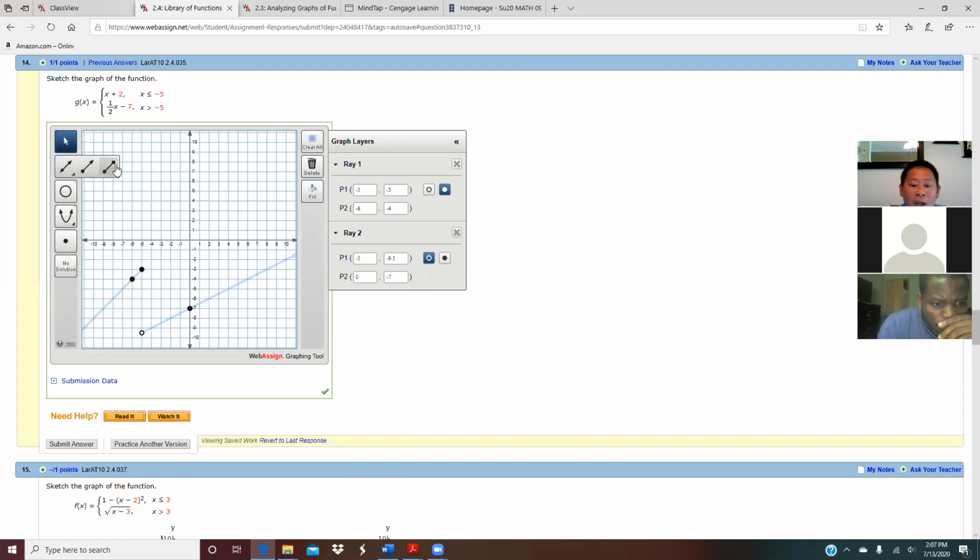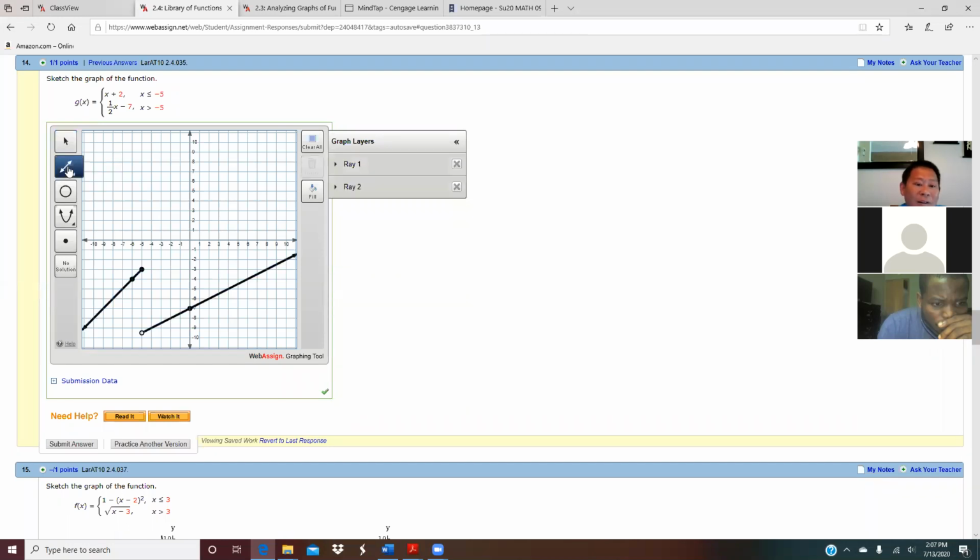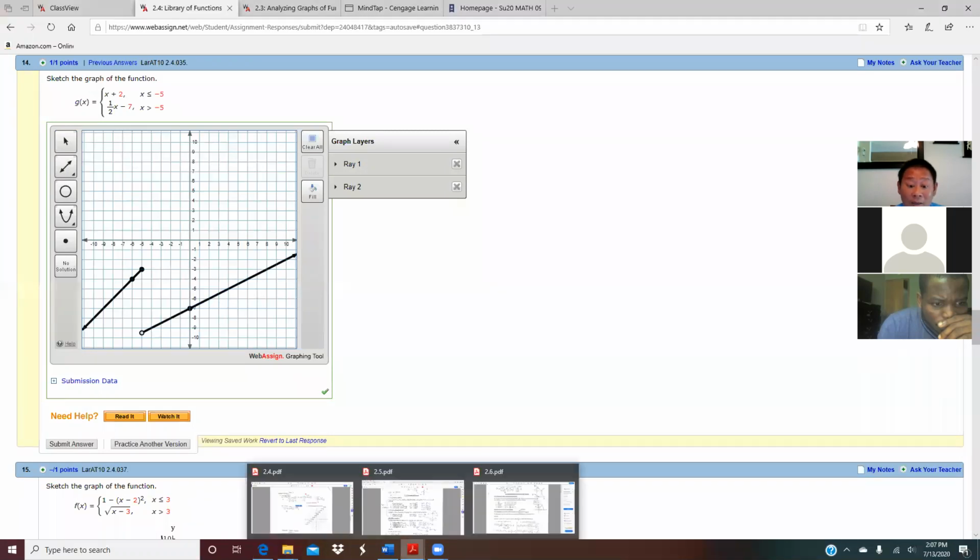When you click on this, you will have the dash option. But I recommend, if this is the line segment that we're using, okay, not the ray. Sorry, for this question we are using the ray, which is this one, not the first one, not the third one. So make sure you use the correct line in this case.